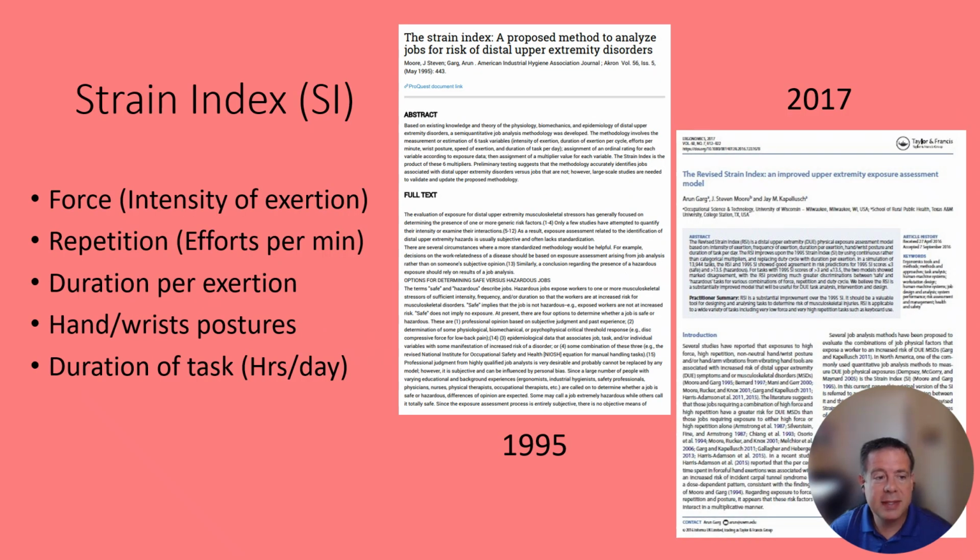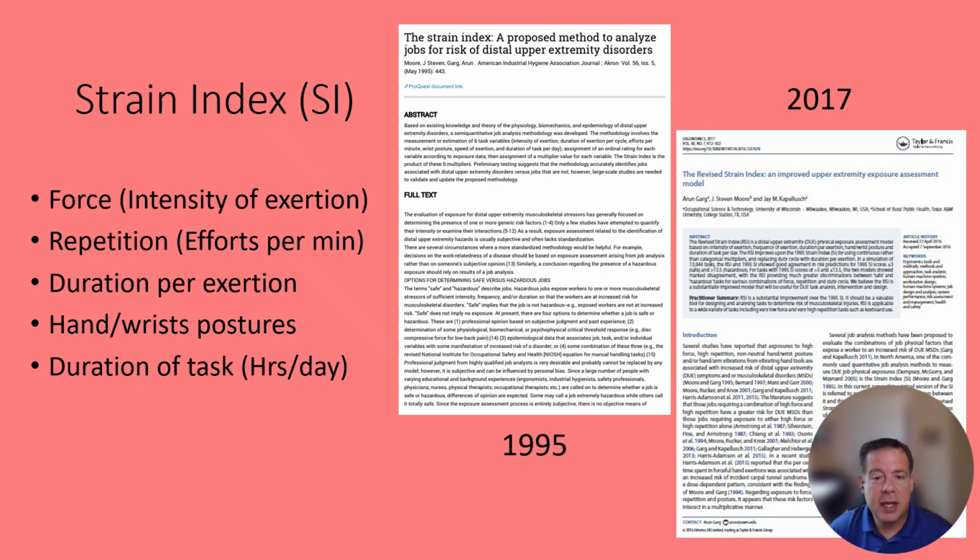The strain index looked at five different outcomes: force, the exertion, repetition, how many efforts per minute, the duration of that cycle, as well as the hand and wrist postures and the duration of the task if they were working like 8 hours a day.